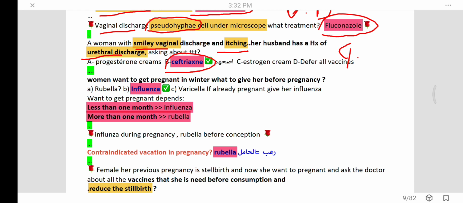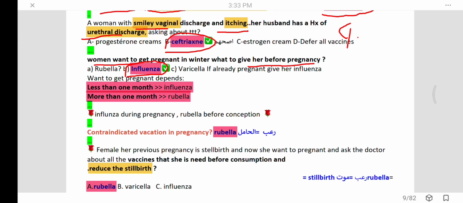A woman went to the clinic wanting to get pregnant in winter. What to give her before pregnancy? This is very important. You have to give the influenza vaccine, because she wants to get pregnant in winter, to protect from the influenza virus. If she wants to get pregnant in less than 1 month, you have to give the influenza vaccine.